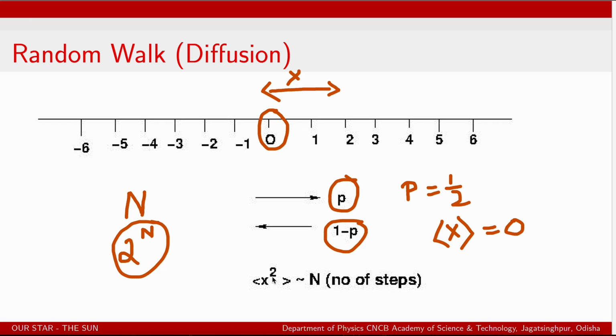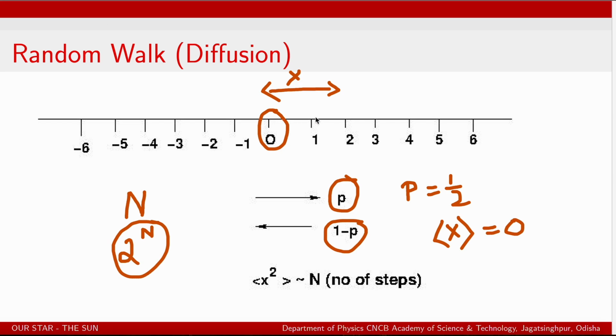But if you take x square, then what happens? If you take the average of x square over these 2 to the power n paths, then what we see is that this x square goes as n. So what it tells us is that the particle does not remain confined around 0, but it surely moves away from 0.